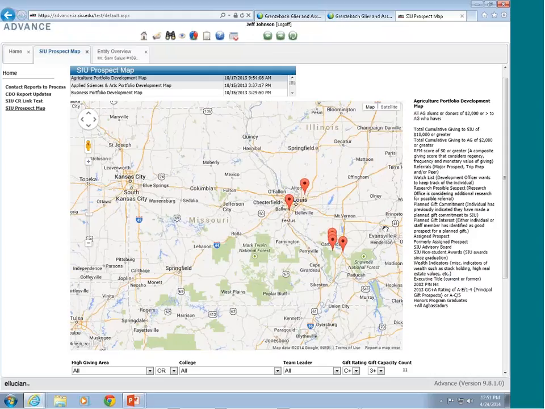And implementations in Razor's Edge or Millennium or Banner Advancement may be a little different, because Advance has really got a neat way to integrate things from outside. In their product demos, they'll often show that you can do driving directions to somebody's house, or you can pull up Google Maps or Yahoo Maps or MapQuest or whatever.